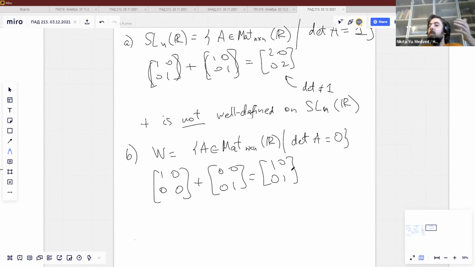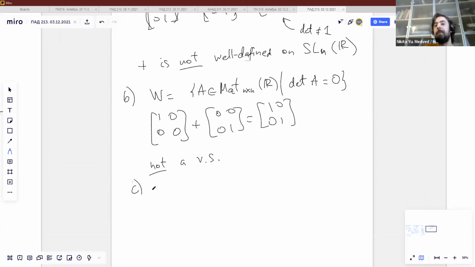Basically, the idea of those two exercises is that determinants have nothing to do with addition of matrices. Adding matrices and determinants are like from different topics, they don't mix together well. So determinants are very interesting things, but unfortunately, they have nothing to do with vector spaces. We can't form a vector space by such a nice rule, unfortunately. So this is also not a vector space.